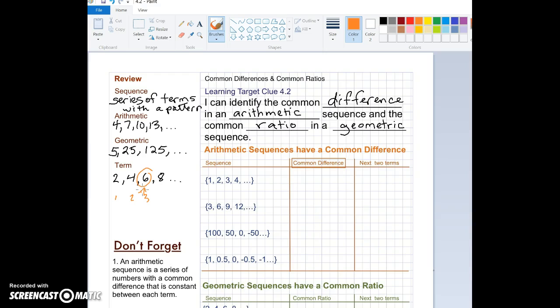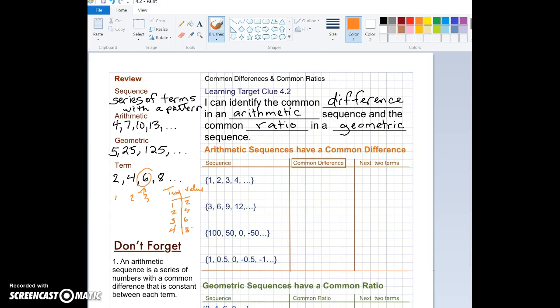So a term just means the member of the sequence. And so when we're looking at sequences and talking about terms, we sometimes write them like this: term, and then value. So we would write term 1 is 2, term 2 is 4, term 3 is 6, term 4 is 8, just so that you can see how we can recognize it.